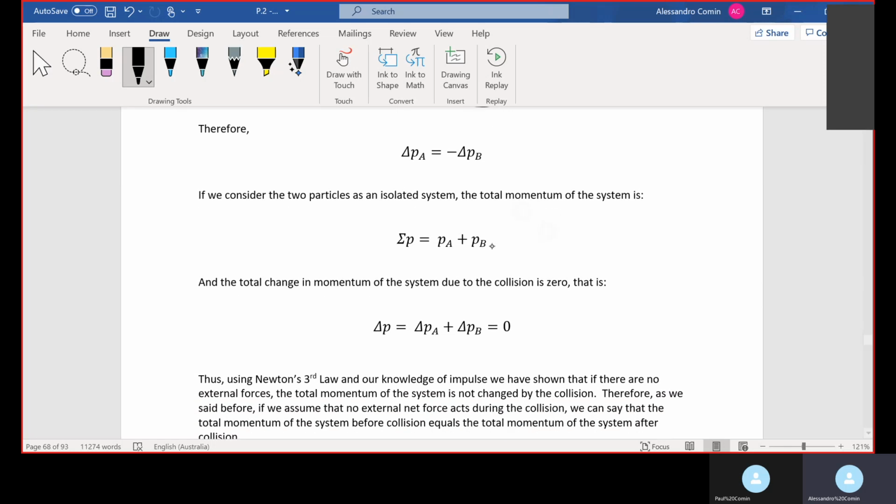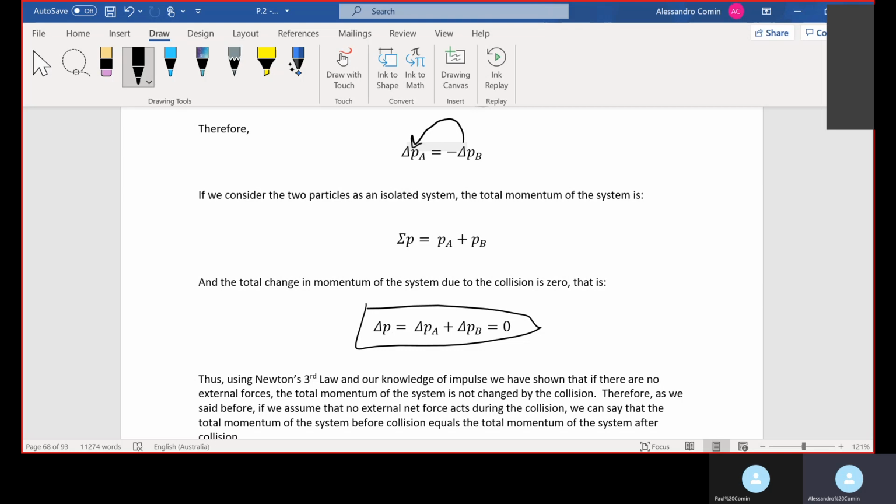Well, all we're going to do is add this to this side, and we get the law of conservation of momentum, which essentially states that momentum always has to stay the same. The change in momentum of A plus the change of momentum of B must be 0. There's no momentum being lost from the system.